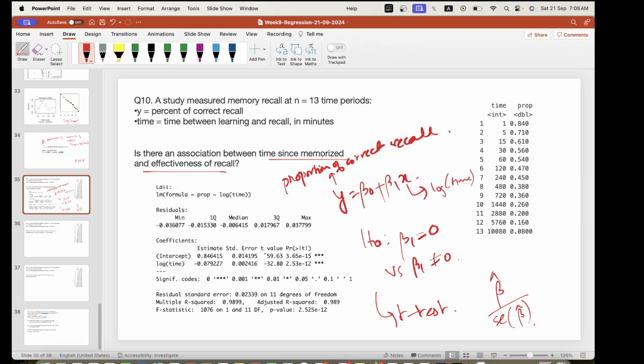From here we can see the t value is 59.63 and the p value is way less than 0.05. Therefore, what do we say? The conclusion is yes, there is an association because of this low p value. Is it okay?